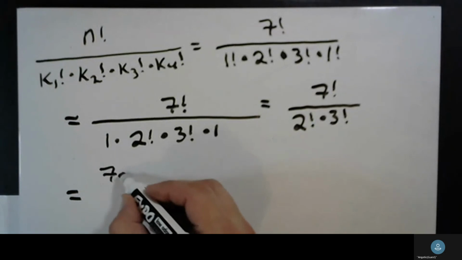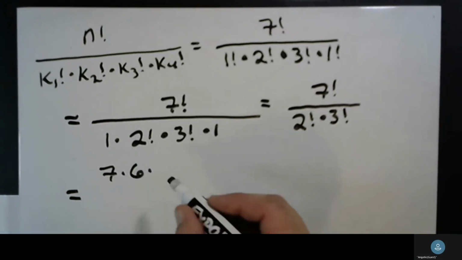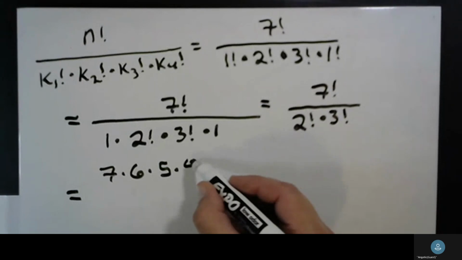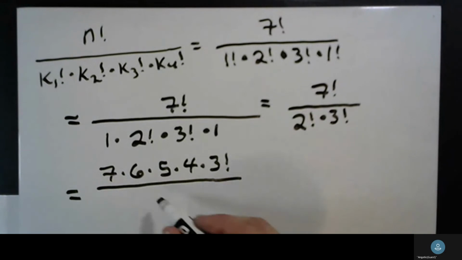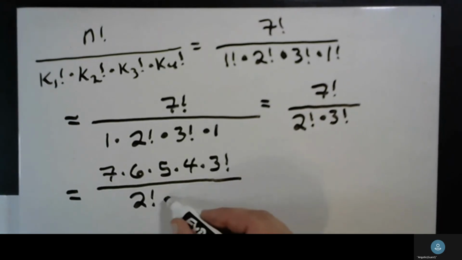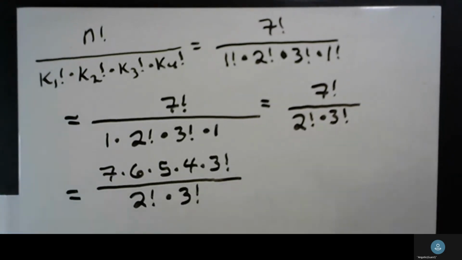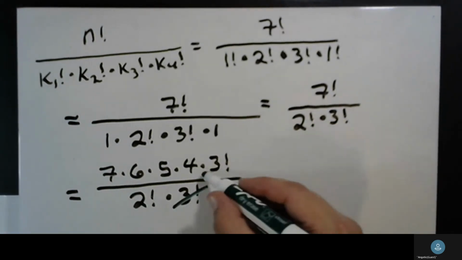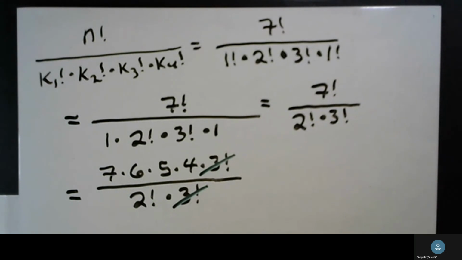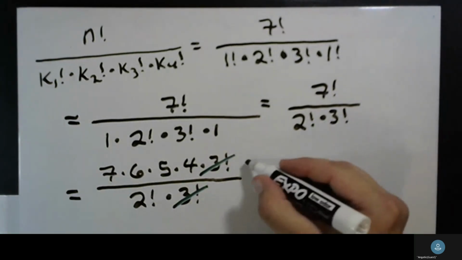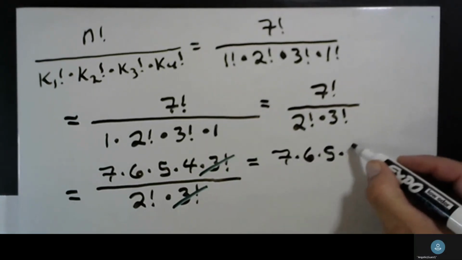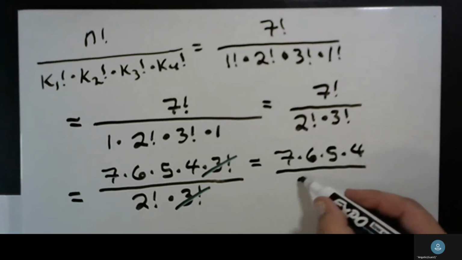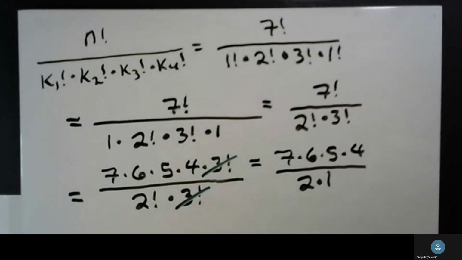So I can rewrite 7 factorial as 7 times 6 times 5 times 4 times 3 factorial, over 2 factorial times 3 factorial. And those cancel out. So 7 times 6 times 5 times 4 over 2 times 1.